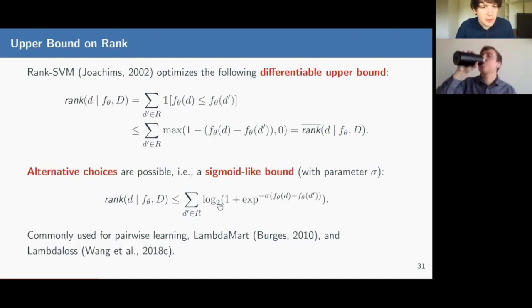So if we sum over it, we'll have some function that's greater than the rank. The nice thing is that these are all differentiable. So while we can't directly optimize rank with something like stochastic gradient descent, we can optimize these functions. And because these functions are an upper bound, if we minimize the upper bound on the rank, we're indirectly minimizing the rank, right? We know the rank will always be lower, which is what we're trying to do.